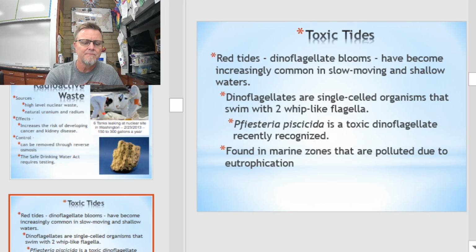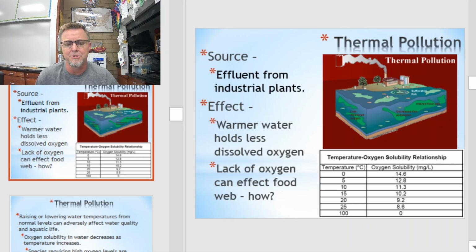Something else to think about when we think about water pollution is thermal pollution. I know that sounds odd, but the creatures that live in the ocean become acclimated to specific temperature ranges. So effluent from industrial plants or even nuclear reactors can change the temperature of the seawater these creatures are exposed to.